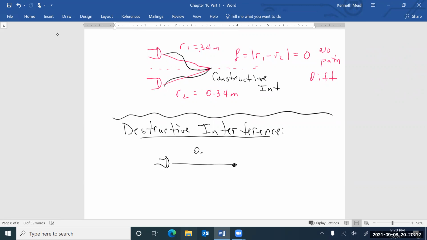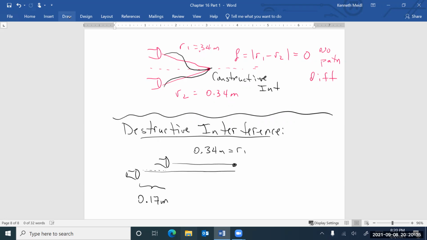And let's say that this path is 0.34 meters. What I might do is get the other speaker and just move it back. And I might move it back like 17 centimeters.